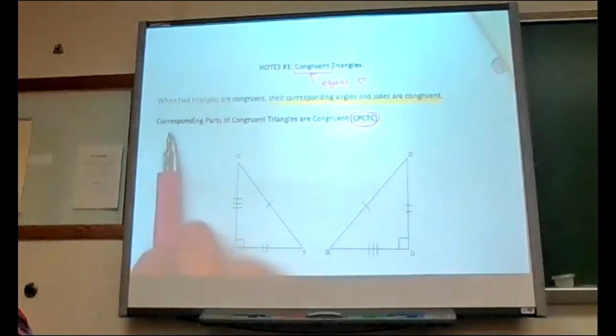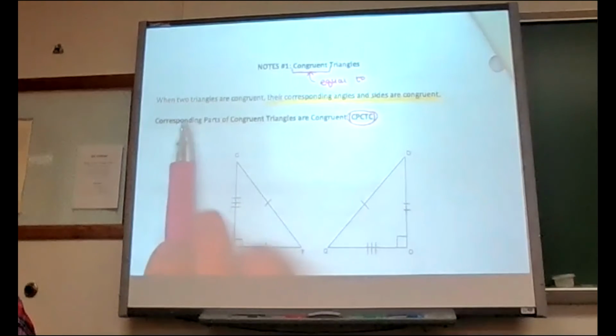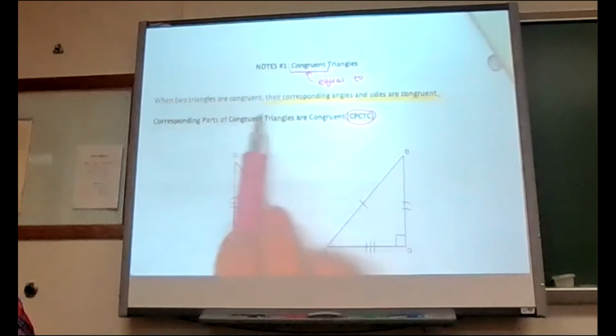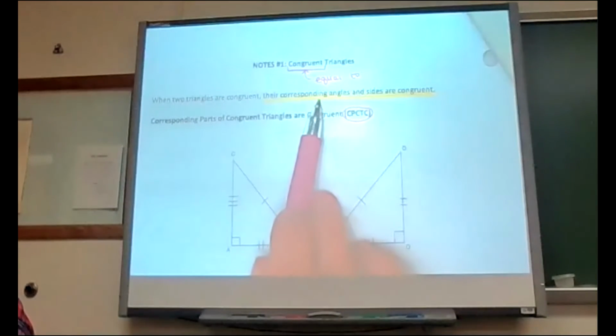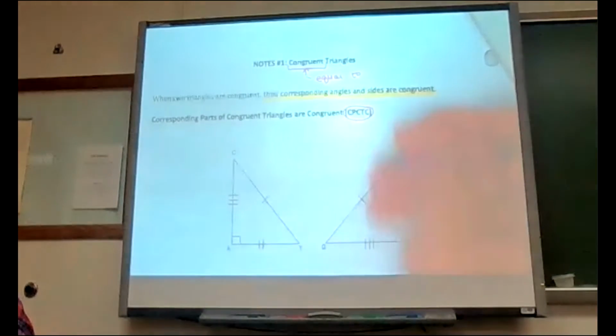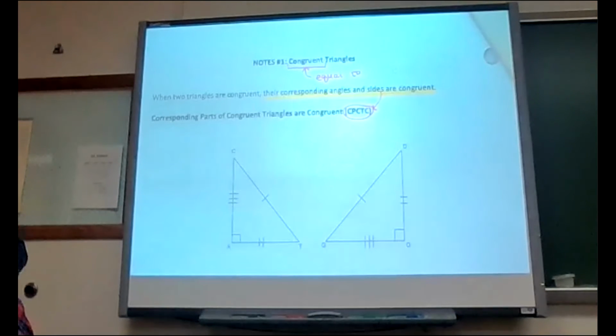CPCTC really just means that the corresponding parts, corresponding meaning matching, so the matching parts of a congruent triangle are also congruent: all of the matching angles are congruent and all of the matching sides are congruent. That's what this shorthand is talking about. We do what are called CPCTC proofs, directly related to that kind of statement.